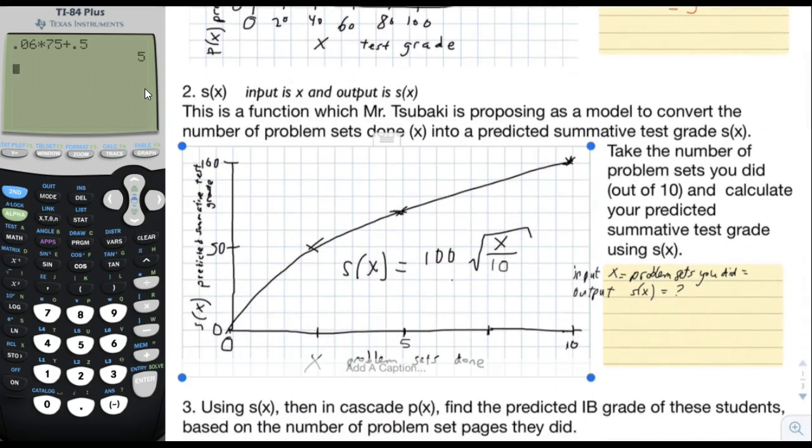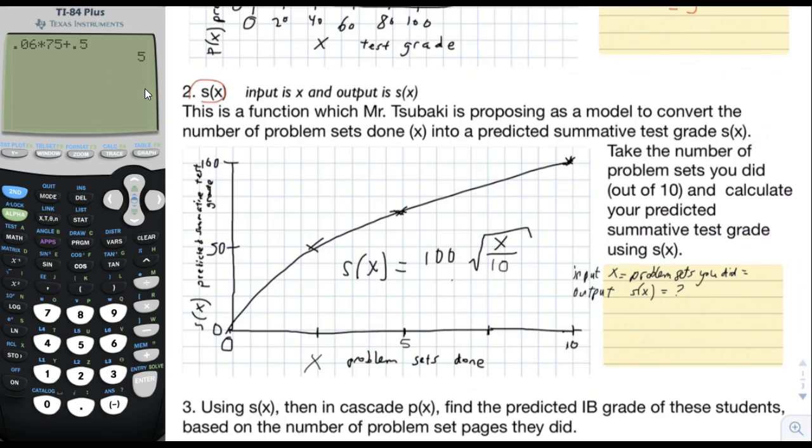Now I go down here. I have another function that I made, which is the S function. What the S function does is it takes the number of problem sets I did on the first unit, from 0 to 10, and then based on that, it's going to predict my summative test grade. I just said I got a 75, but let's say I didn't take the summative test yet.